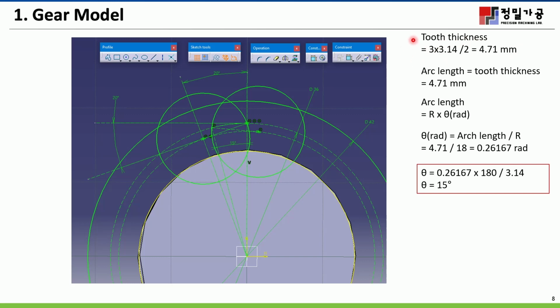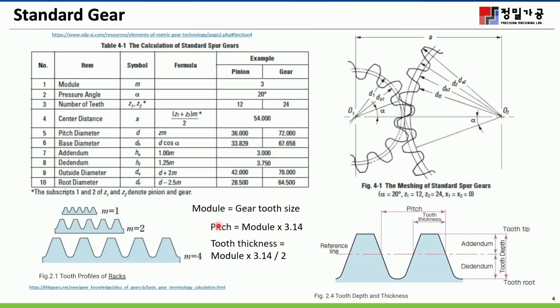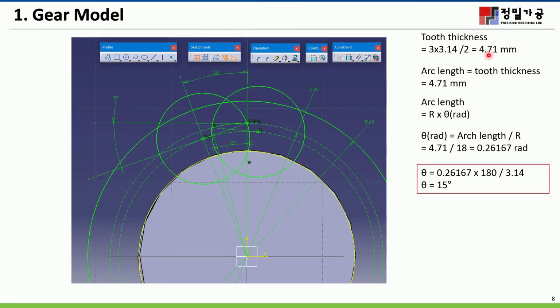This one is just module multiply pi, half of module times pi. We already explained in previous slide. This one is tooth thickness, similar with arc length, which is 4.71 millimeter.